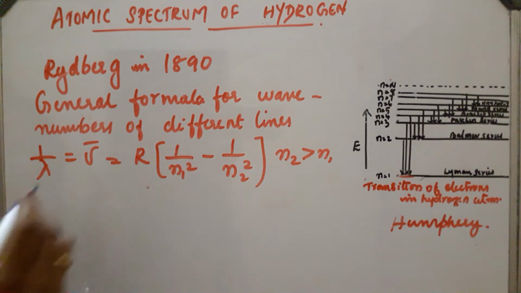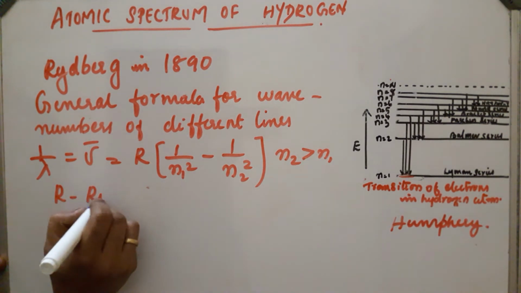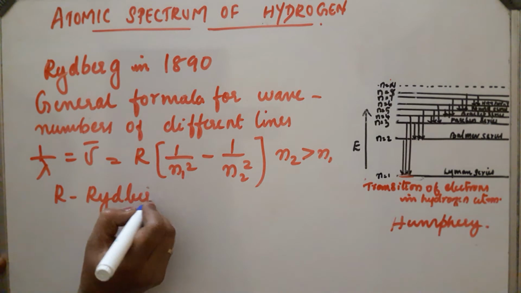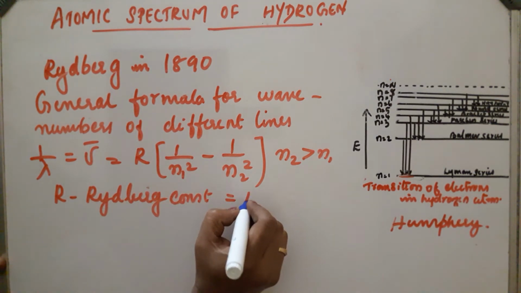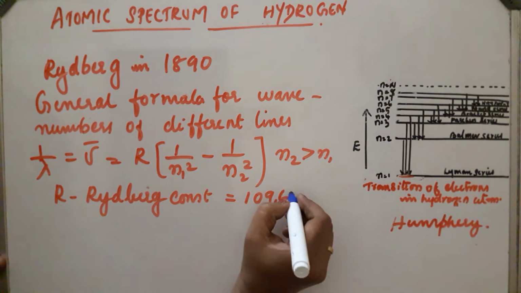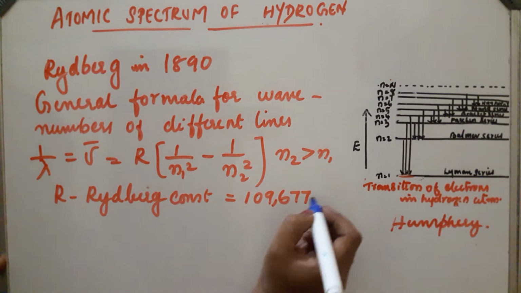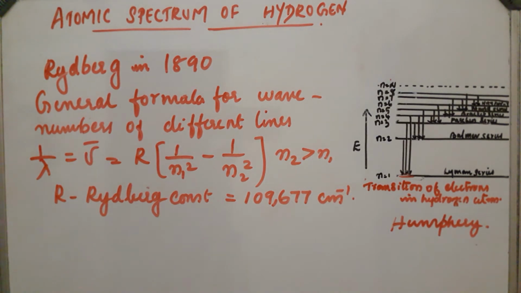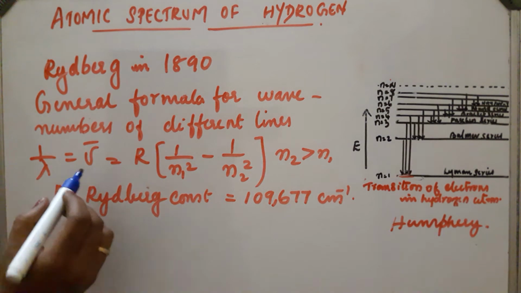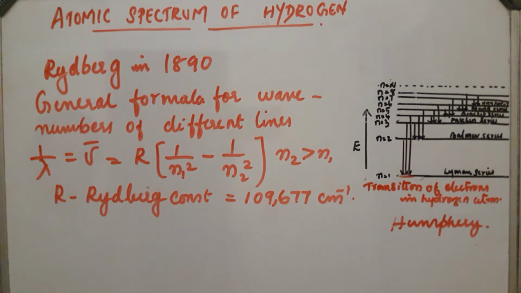R is the Rydberg constant, which is equal to 109677 centimeter inverse. Using this we can calculate the wave numbers of different lines in the spectra, like Lyman series, Balmer series, etc.